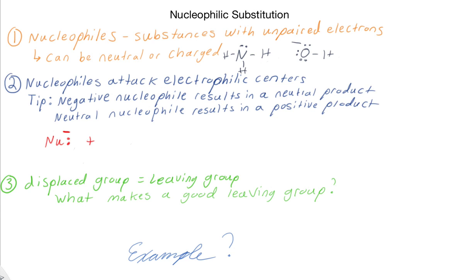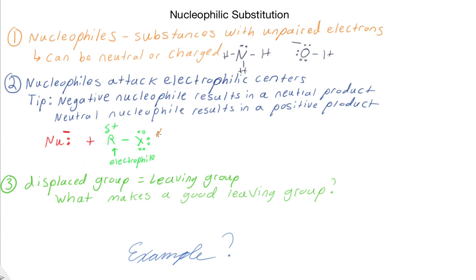Let me use green. So our electrophile, these lone pairs aren't really necessary, but our R is our delta plus, which is our electrophile. So I'll just say electrophile. And this X is our leaving group.